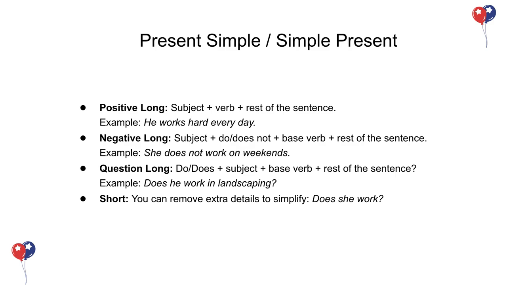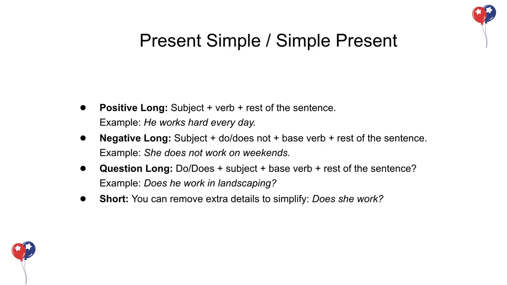And the example here says, he works hard every day. Then the negative long form would be subject, do, does, not, base verb, and then rest of the sentence. She does not work on weekends.